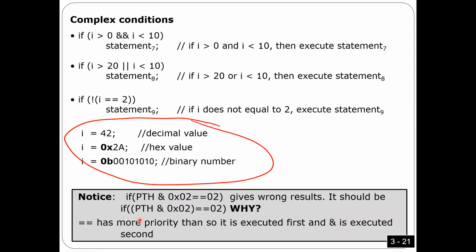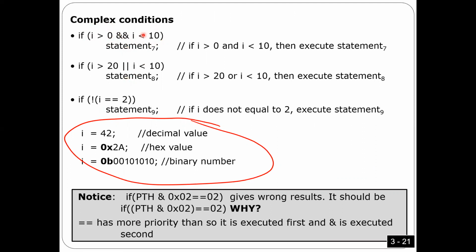Okay. Look here, that's what I told you before, guys. Now, this is a complex condition. Look how it is: if I is greater than 0 and I is less than 10. That means I'm going to execute the body if the two conditions are true.